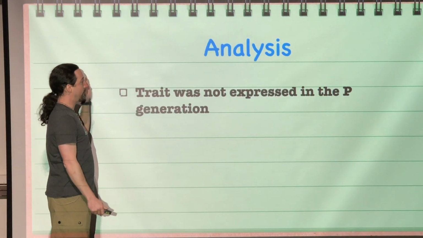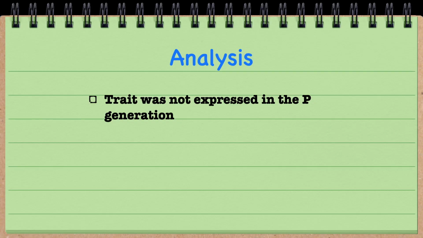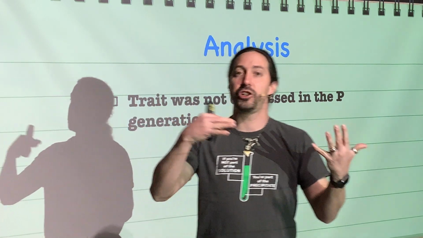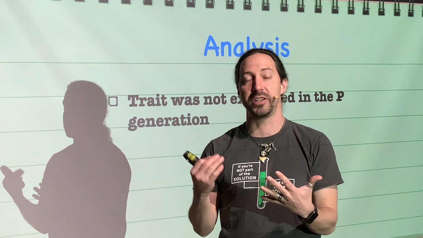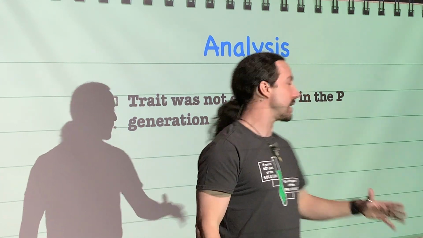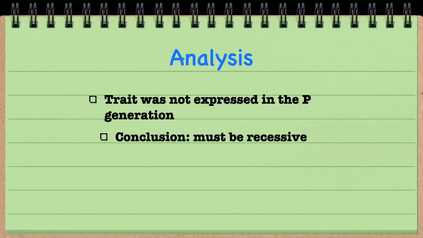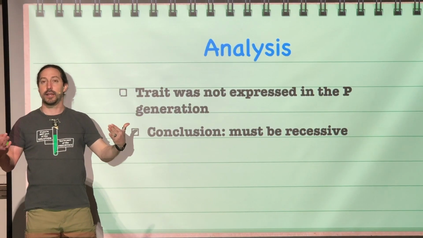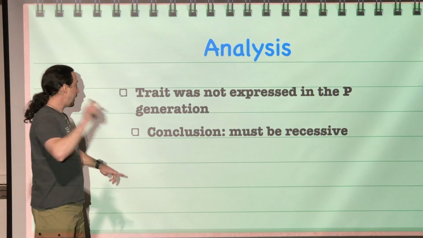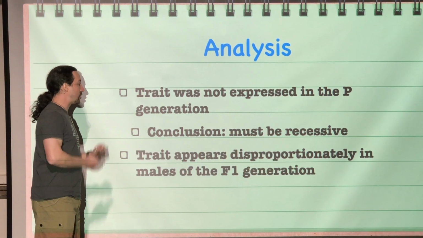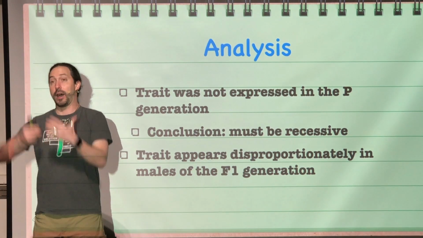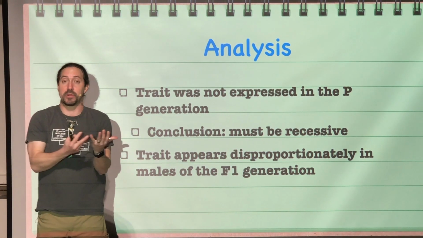So, analyzing. First off, the trait was not expressed in the parent generation. Since the trait was not expressed in the parent generation, but then it showed up in the F1 generation, that reveals to us that it must have been a recessive trait, because it was masked and then it appeared. Next, we recognize that the trait appeared disproportionately in the males compared to the females, 100% in the males compared to 0% in the females.